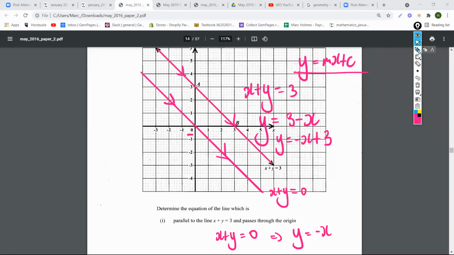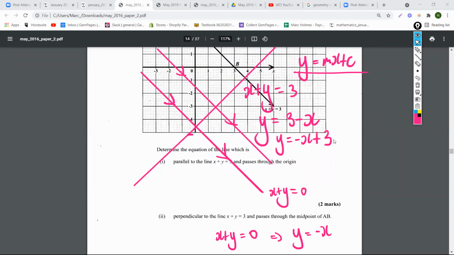So they're basically asking you guys for the line here, perpendicular to here. That's the line, guys. They're asking us for the perpendicular line. And that one is really easy, guys. The equation of that line is y is equal to x.